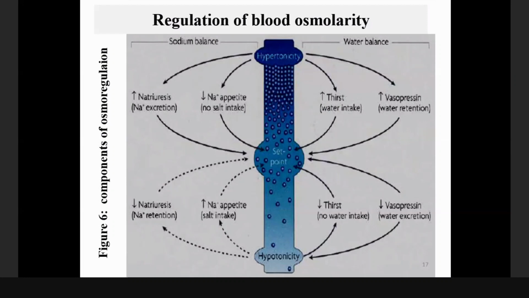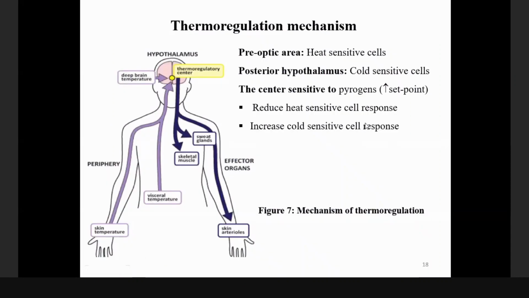Another example. The next is thermoregulation, how your body temperature is regulated. Your body temperature should be maintained around 37 degrees centigrade, but there are so many factors that increase or reduce your body temperature. So when your body temperature is increased or reduced, it should be returned back to normal. How? Because of processes in your body.